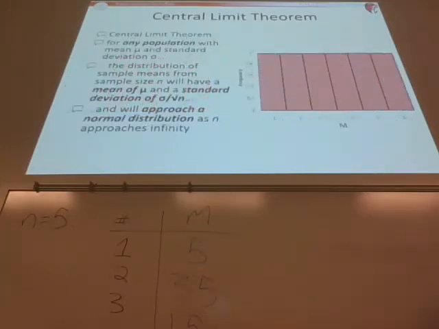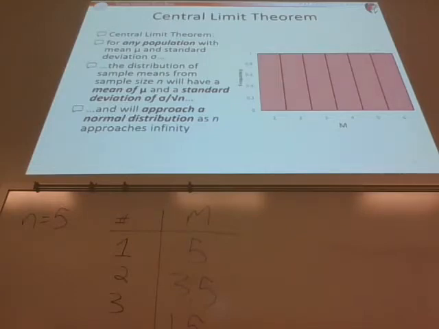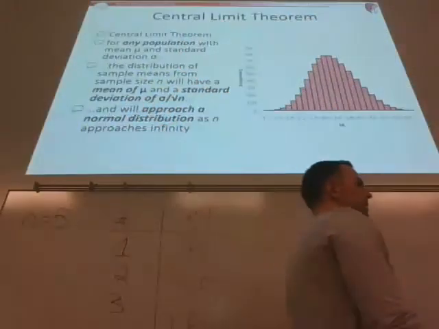So again, central limit theorem says that any population is going to have a mean and a standard deviation. Your distribution of sample means for a certain sample size, and it doesn't matter what sample size you use, 20, 30, 15, whatever you want, will have a mean that's equal to your population's, a standard deviation that is related to your population's, and importantly, it'll approach a normal distribution as the size of your sample approaches infinity.